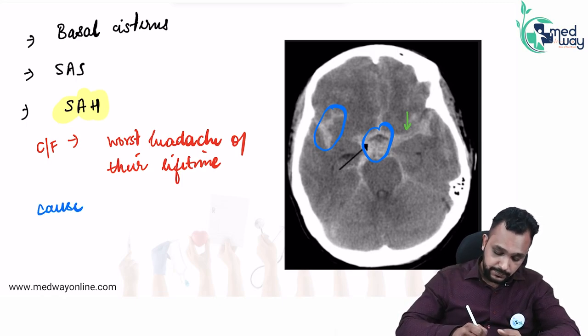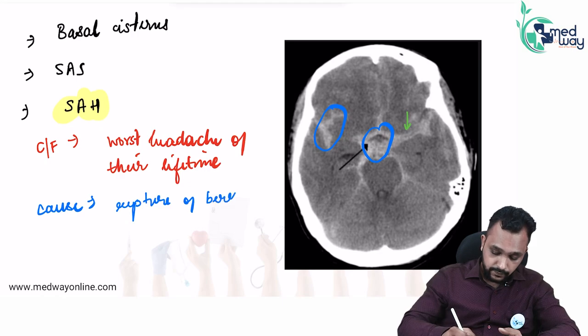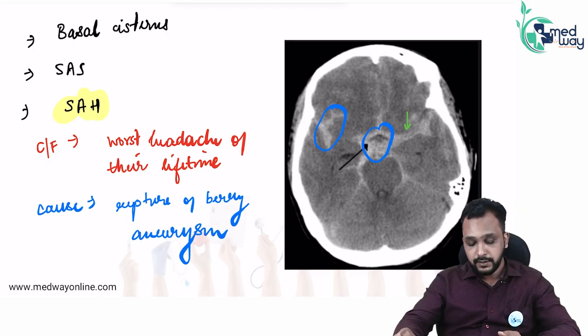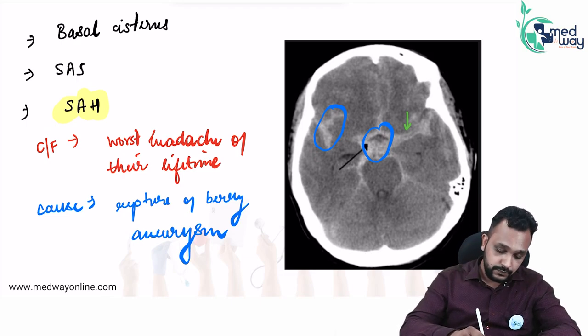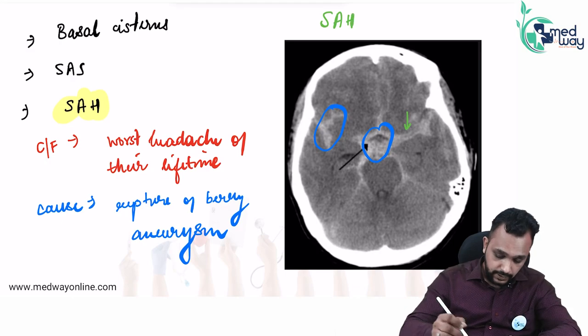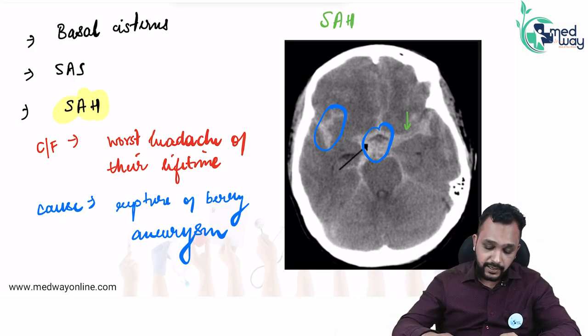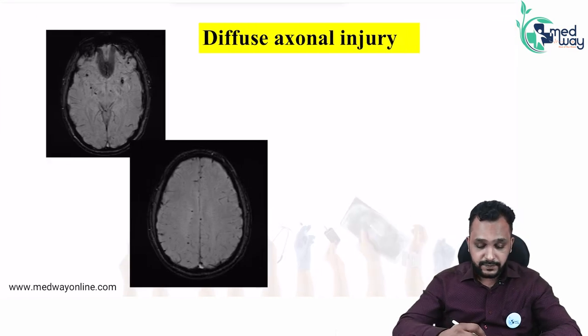It is due to the rupture of a berry aneurysm. Right. So this is subarachnoid hemorrhage. I hope extradural, subdural and subarachnoid hemorrhage are clear to you guys.